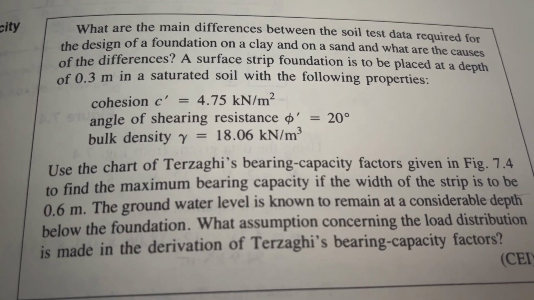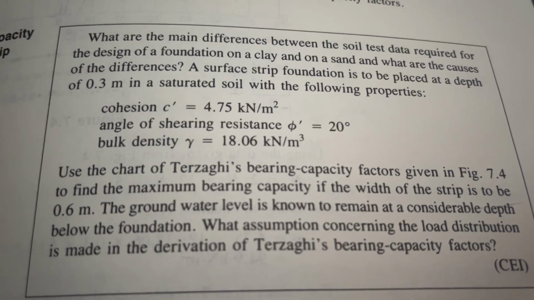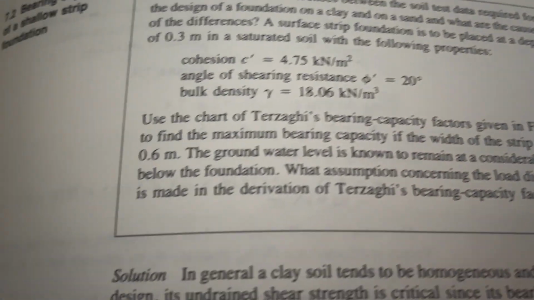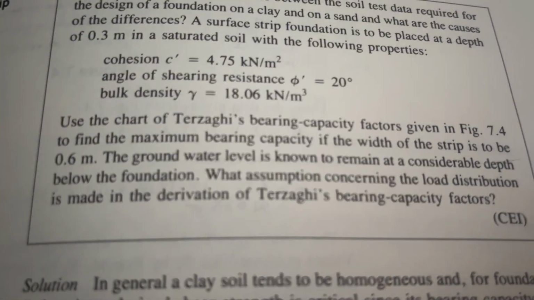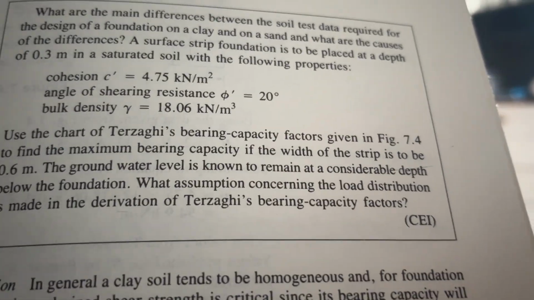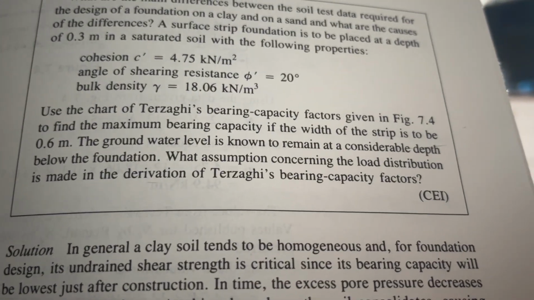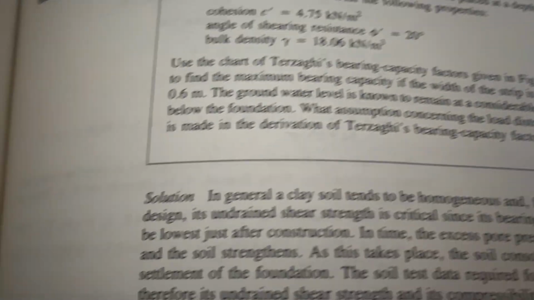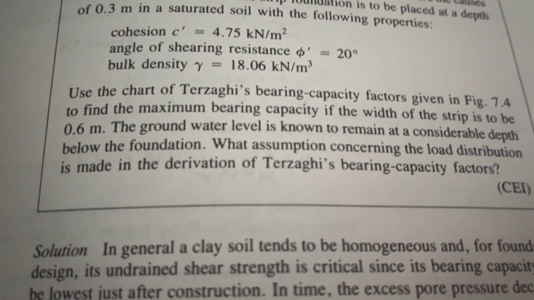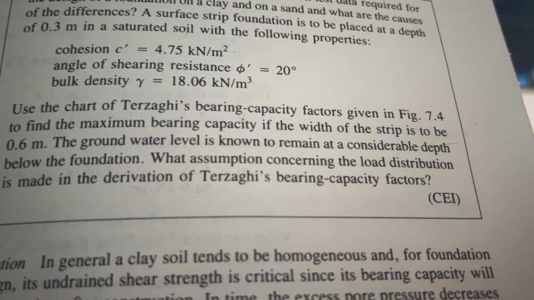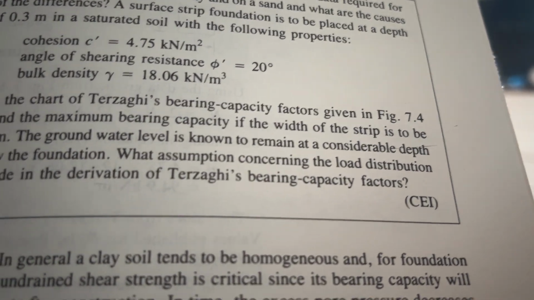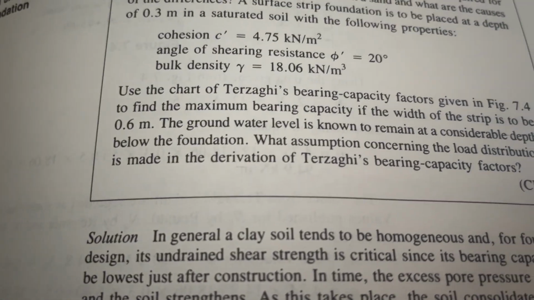Bulk density equals 18.06 kilonewtons per meter cubed. Use the chart of Terzaghi's bearing capacity factors given in figure 7.4 to find the maximum bearing capacity if the width of the strip is to be 0.6 meters. The groundwater level is known to remain at a considerable depth below the foundation.